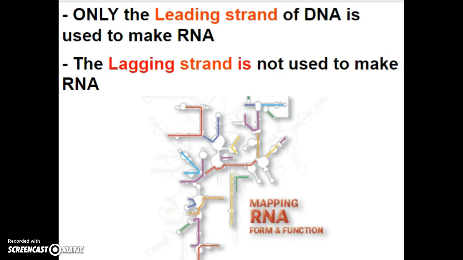Because the leading and the lagging strand on DNA are complementary, we really don't need to use both strands to make a single-stranded molecule. So only the leading strand of DNA is used to make RNA. The lagging strand just hangs out and waits to be sealed back up by DNA ligase.